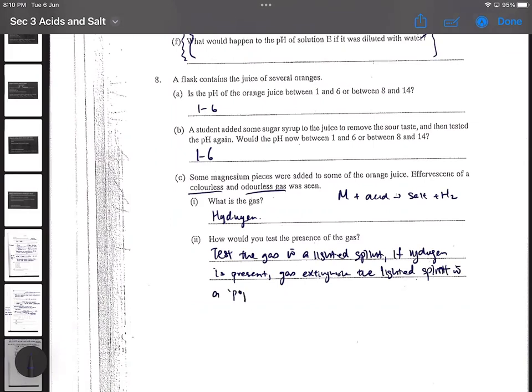Okay, this is the standard test for hydrogen. Please help me jot this down.